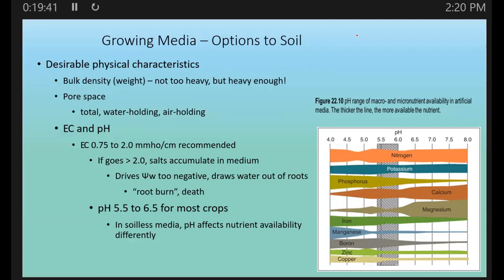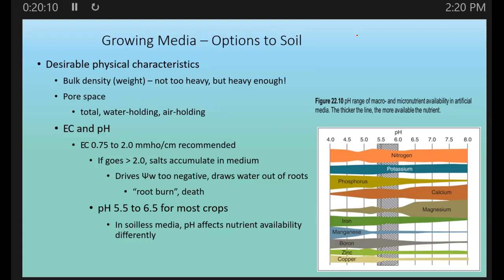You obviously need good quality growing medium. You don't want it too compacted or too sandy. It has to have good water holding capacity and air pore space. And then electrical conductivity, EC, and pH. They generally say you want it between 0.75 to 2.0 electrical conductivity, which you can measure with a probe.